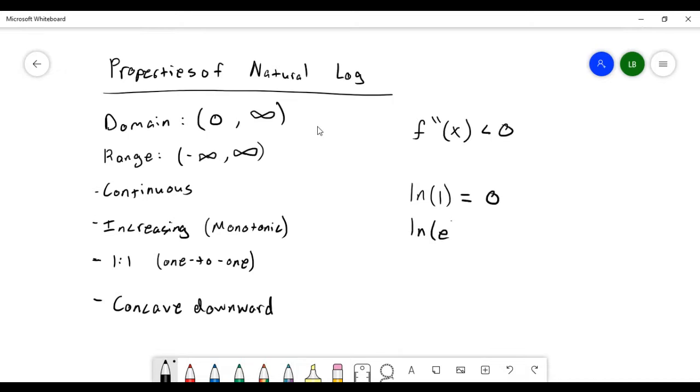The natural log of e is equal to 1. One thing you may not know is that the natural log is just a special way of saying log base e, which is why the natural log of e is equal to 1, because its base is equal to the value inside.